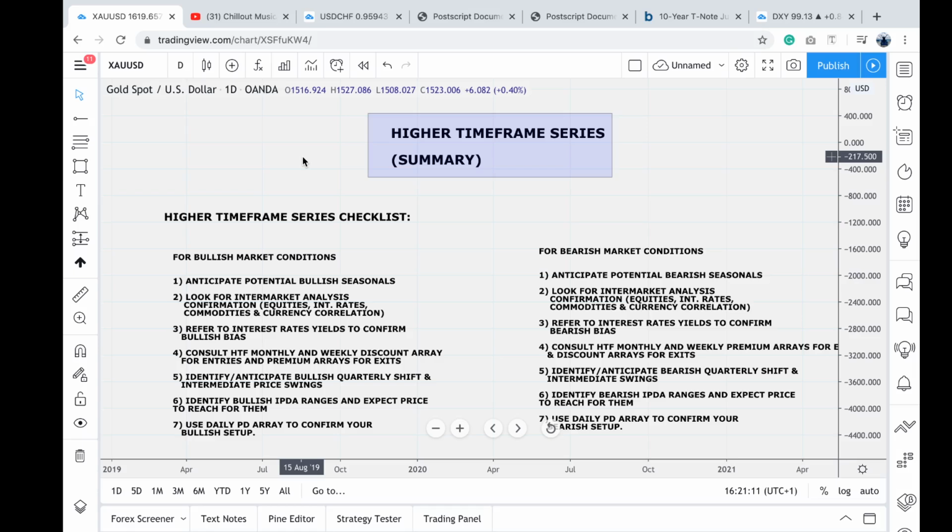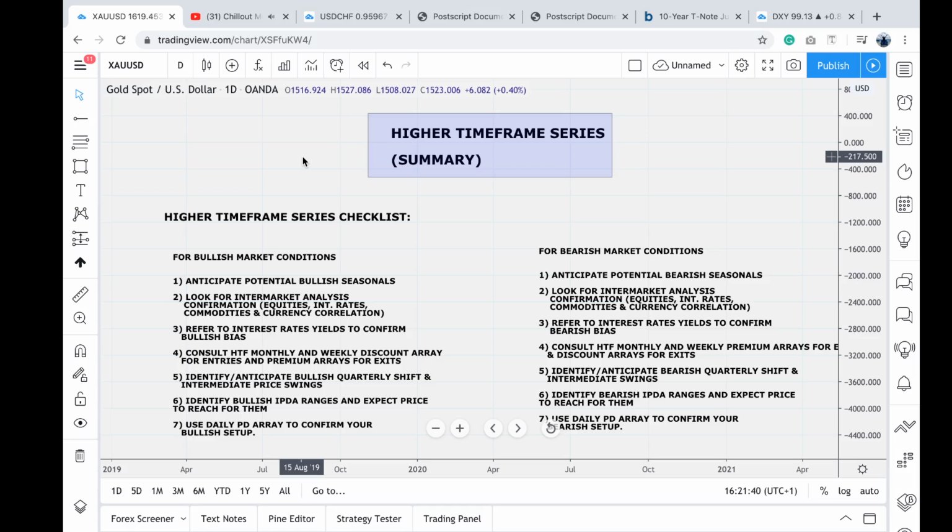You need to cross them off your list one by one, and this is going to give you the right perspective on what you need to be focusing on, and it's going to prevent you from looking at things that are not really necessary when you want to look at the market from a macro standpoint.